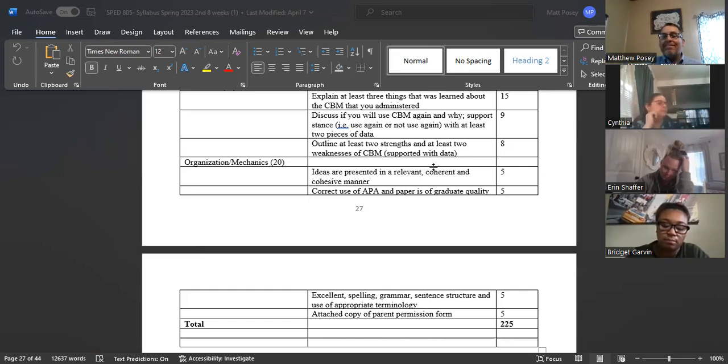Okay, remember, guys, that the deadline on that is this Sunday coming up, May the 7th, at midnight. So remember that. While we're talking about deadlines, I'm going to remind you that the portfolio is a short turnaround from when the CBM is due. The portfolio is going to be due that Friday next week.